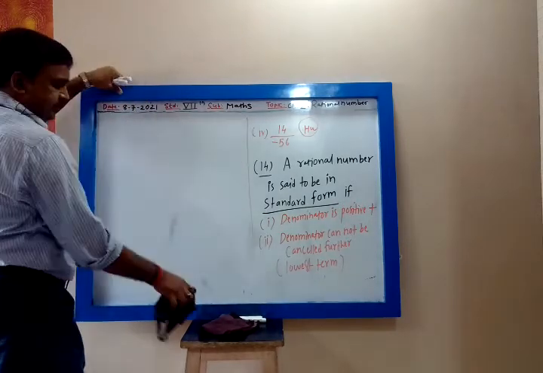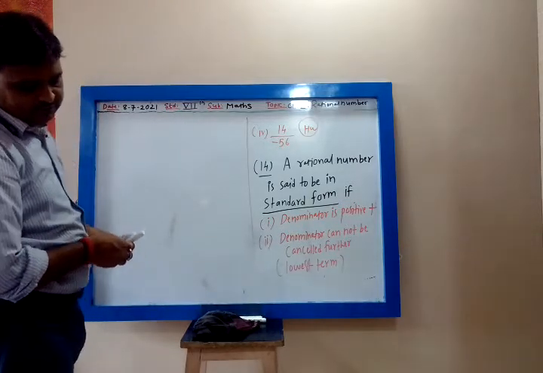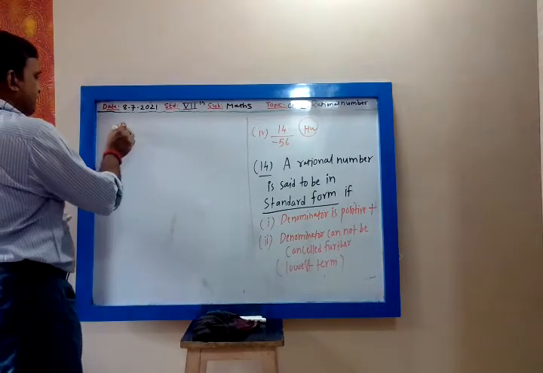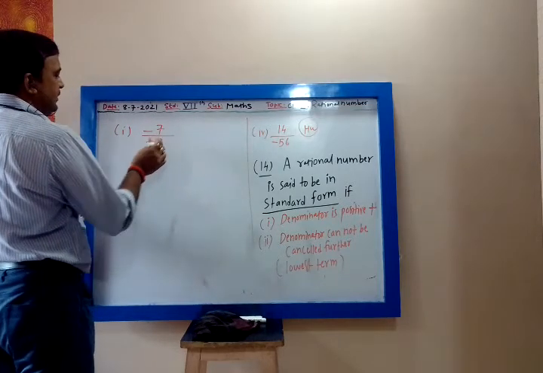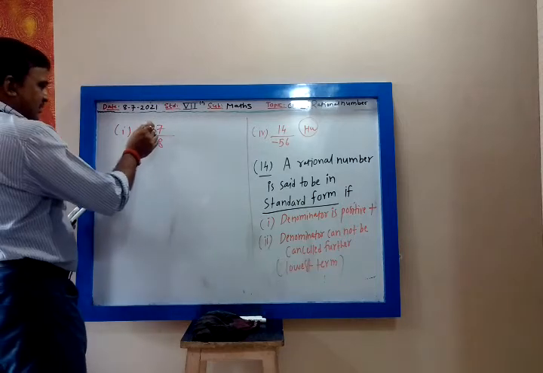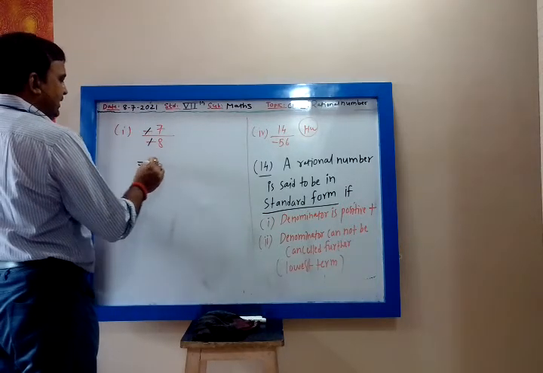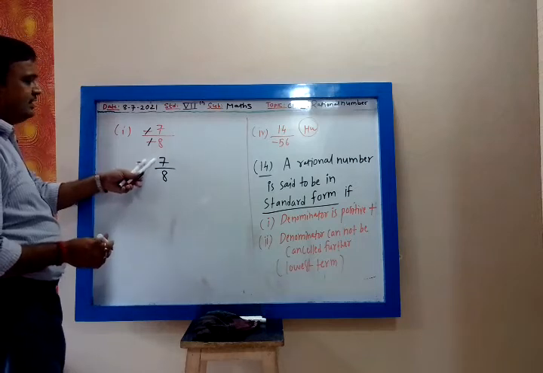So let us check. First, minus 7 upon minus 8. Just tell me. The minus and minus signs get cancelled, no my dear. So that is 7 upon 8. Now can you cancel 7 and 8?